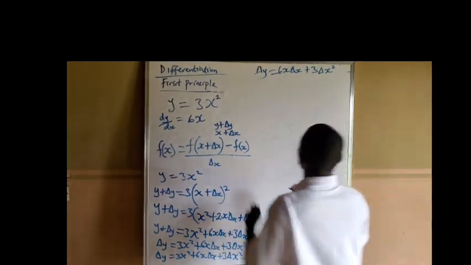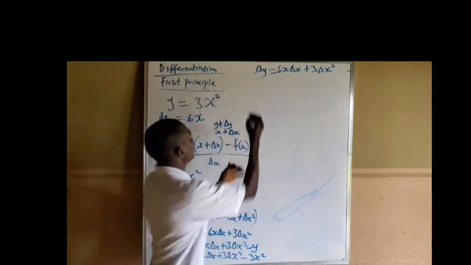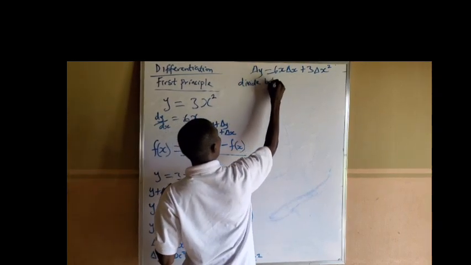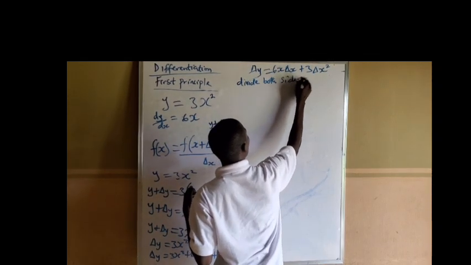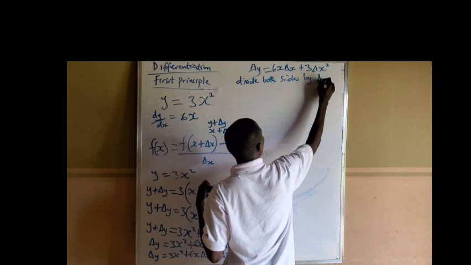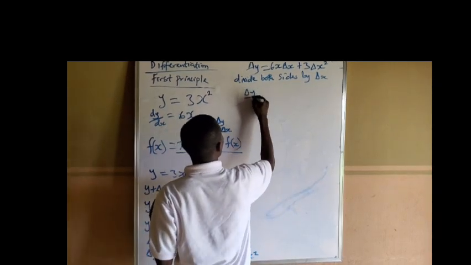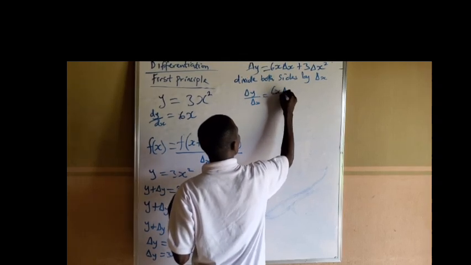Right. Now what we are going to do is that we divide both sides by change in x.